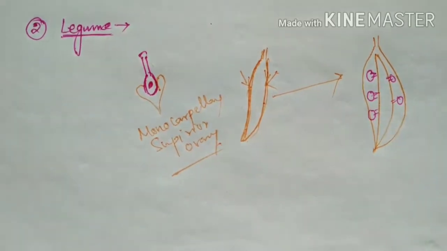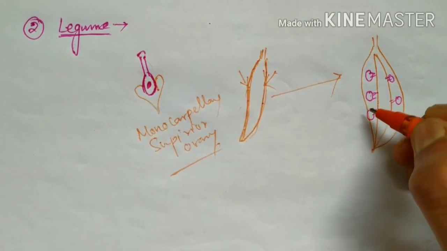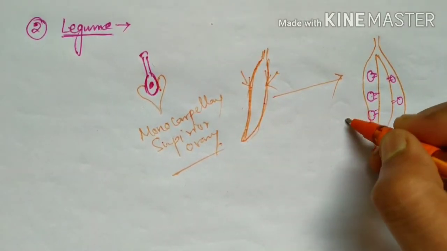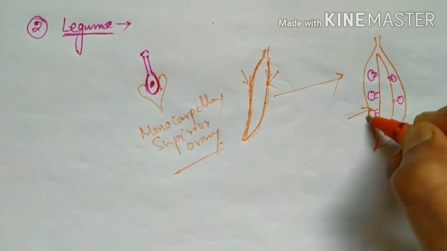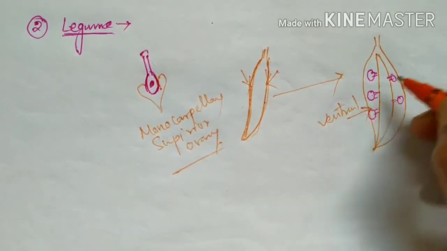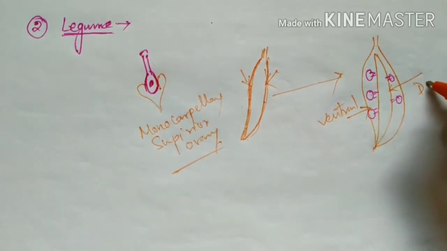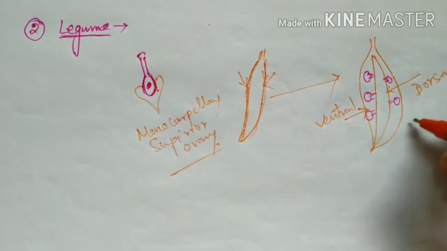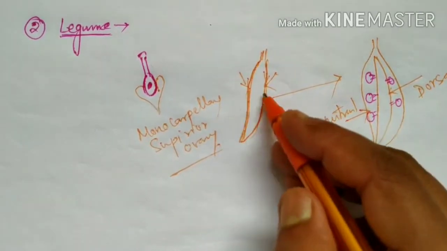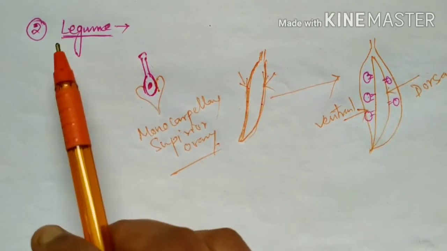So in the case of legume, the pericarp breaks through the ventral and dorsal joining. This type of fruit is known as legume type fruit.